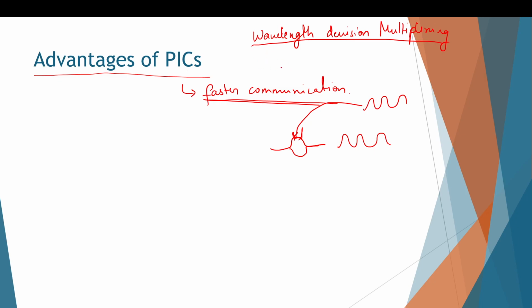Similarly, we can have a WDM setup, a wavelength division multiplexing setup, in which we have multiple laser frequencies as input. Each of these frequencies, I can encode different data on. So at a time I am sending more data compared to the available bandwidth for electronic applications.